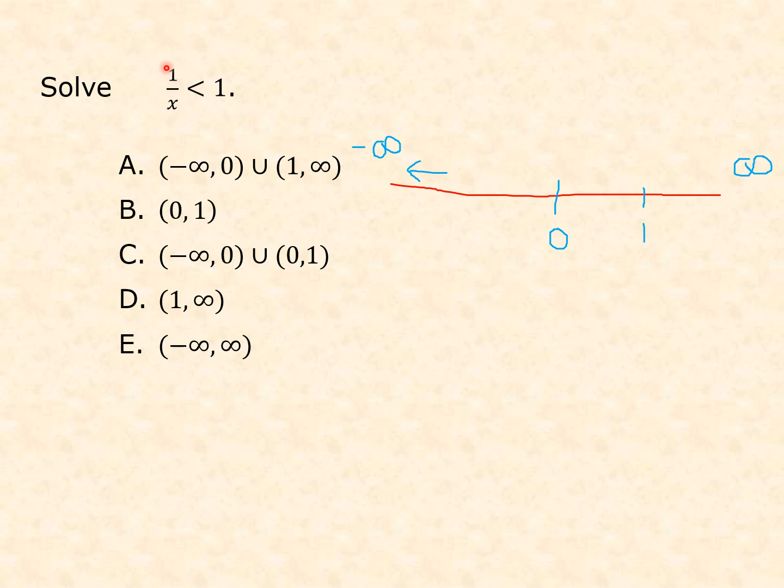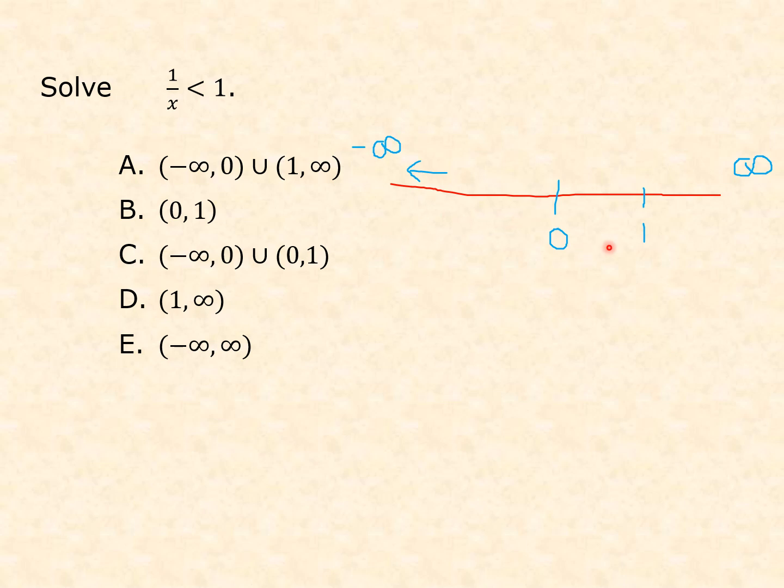The negative value less than 1, of course, is true. For example, 1 over negative 5 less than 1 is true. So all the numbers less than 0 but not equal to 0 are also part of the answer.